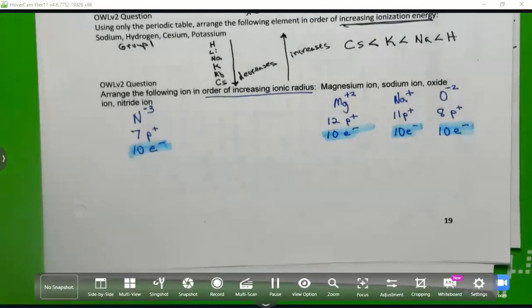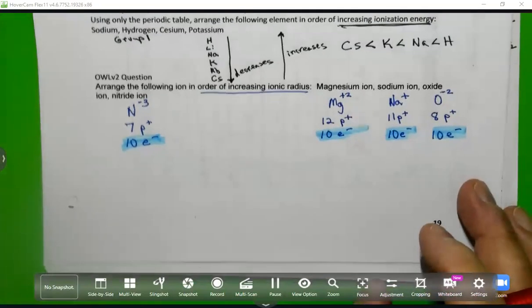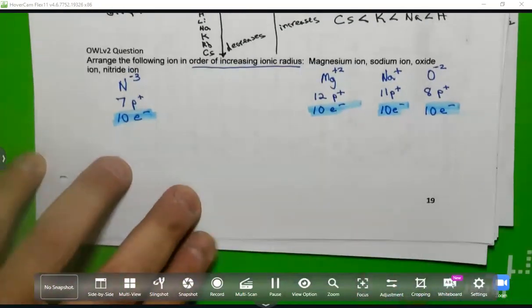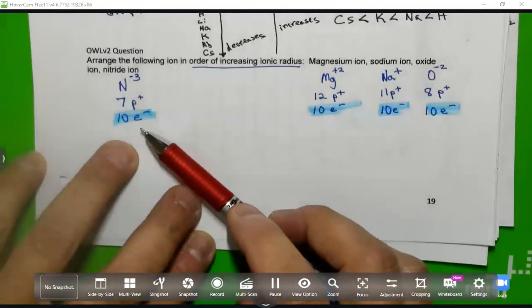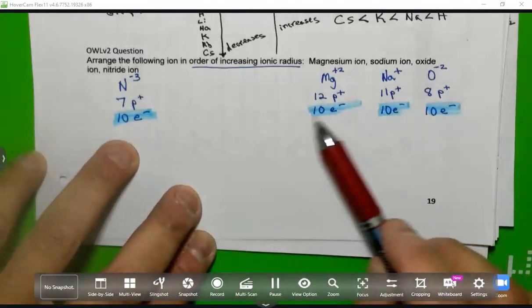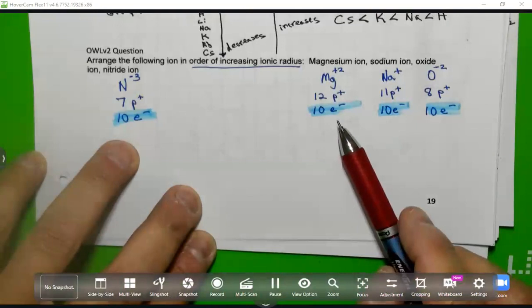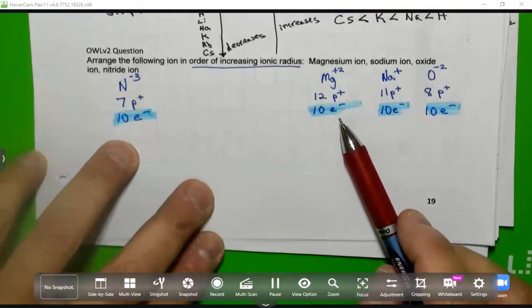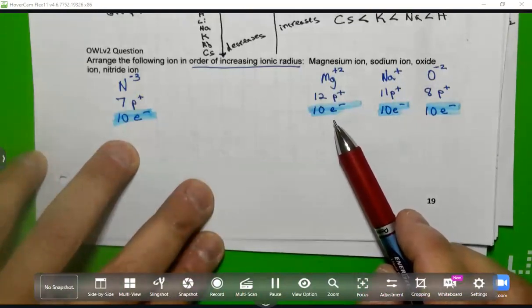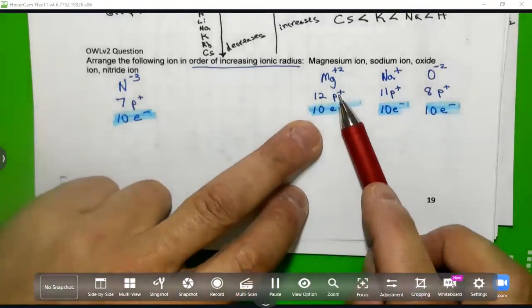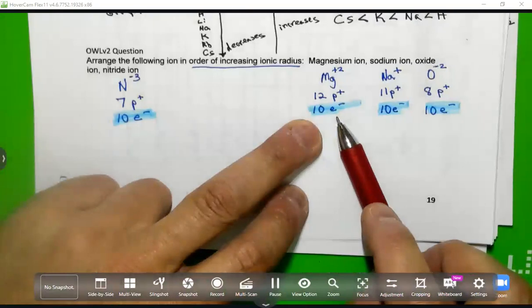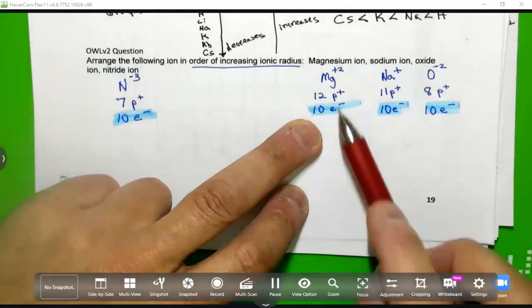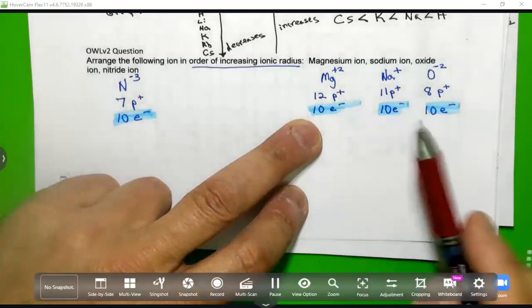We're going to look at that coming up. If you just look at this, which one of these is going to pull in the electron cloud the tightest? Well, 12 protons are going to pull in 10 electrons, the same number of electrons.